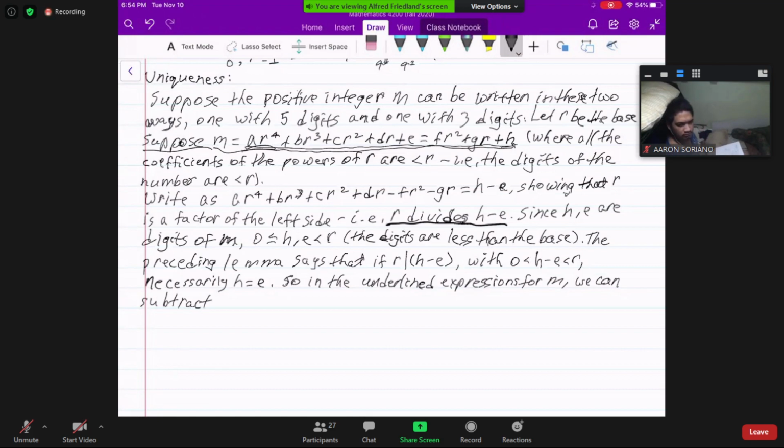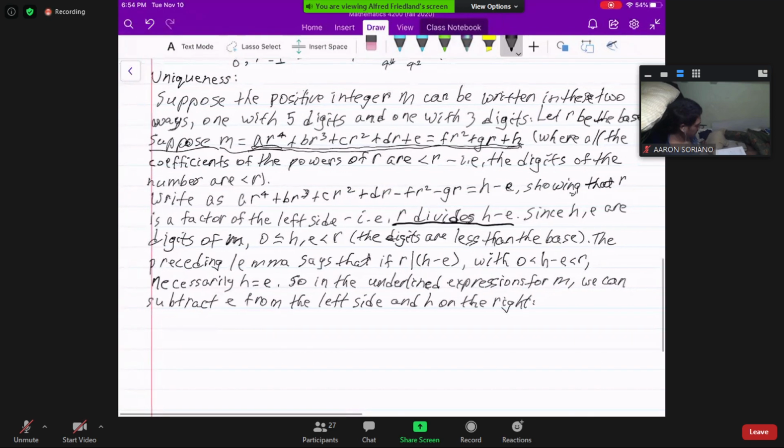We can subtract E from the left side, and what it's equal to, H on the right. And that will give us just AR to the fourth.